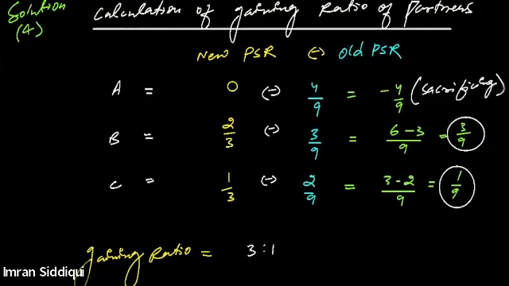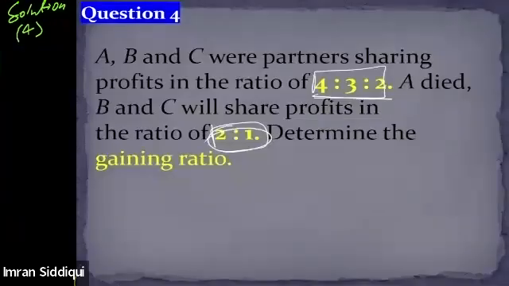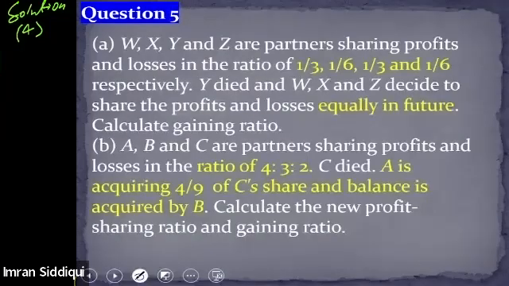That means B and C are gaining. So B is gaining 3/9 and C is gaining 1/9. So their gaining ratio will be 3:1. I hope this is clear, everyone. Yes, sir. Next question.